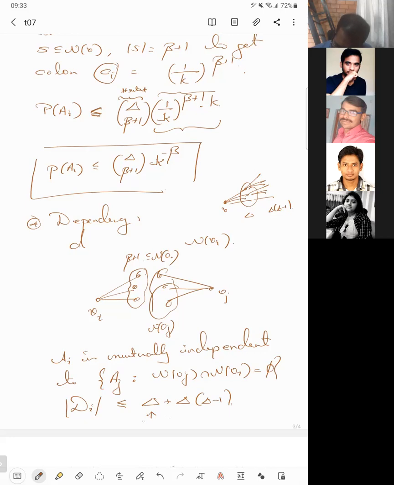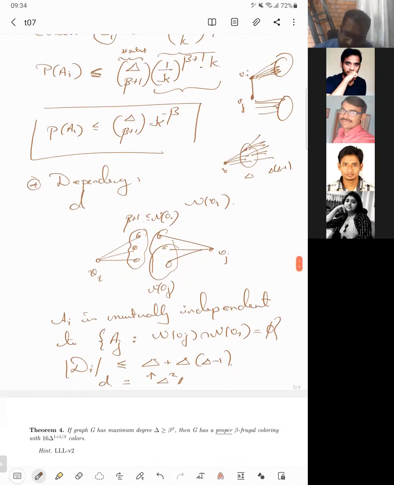This is delta squared minus delta plus delta, which is also delta squared. Let's say this is Vi and Vj, and they have an edge between them. But suppose there is no triangle containing both Vi and Vj, which means this neighborhood is disjoint from this neighborhood, then actually they are independent. But we don't have to use that kind of strict analysis here. So this is the D that we are talking about.